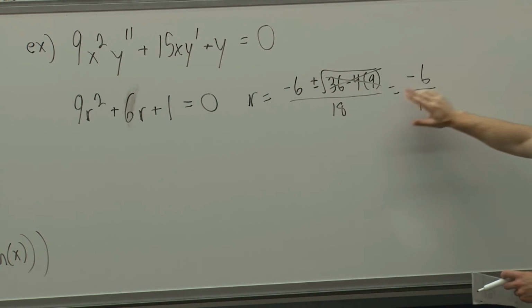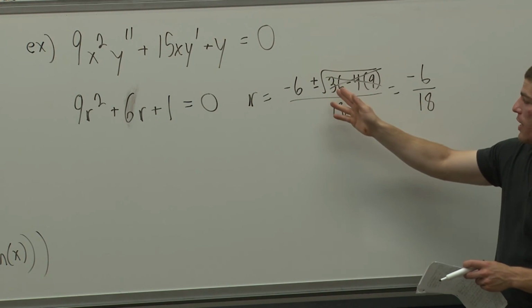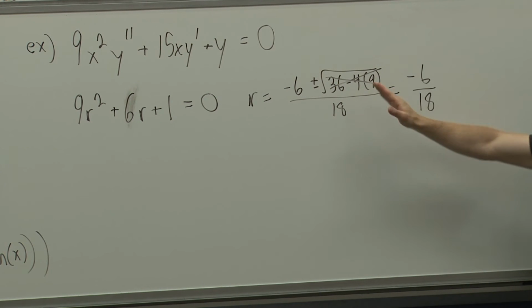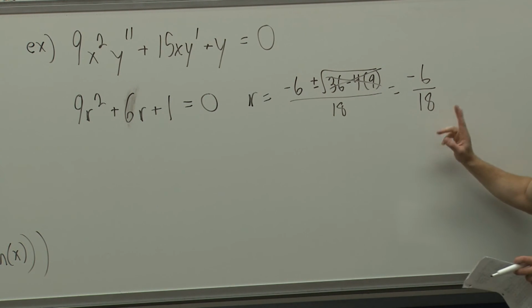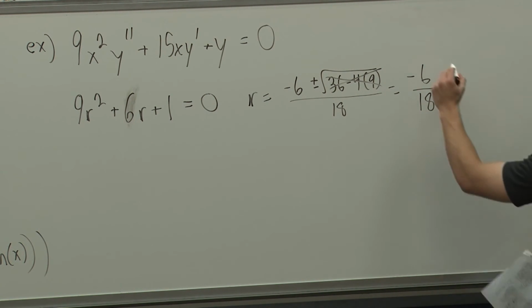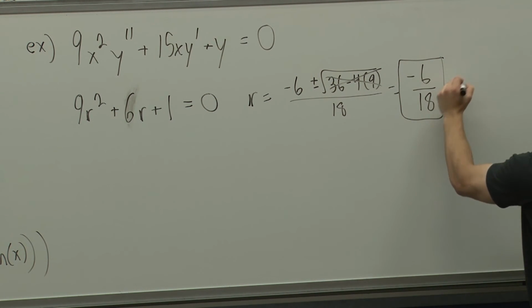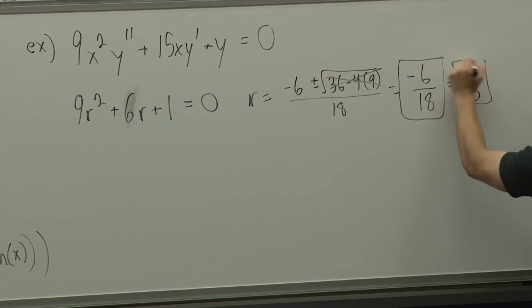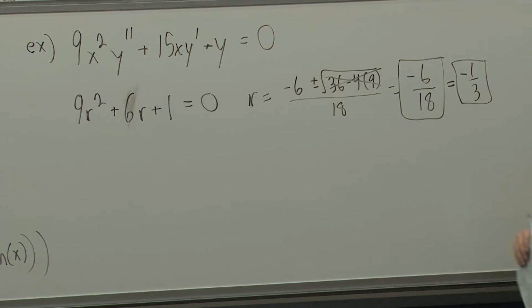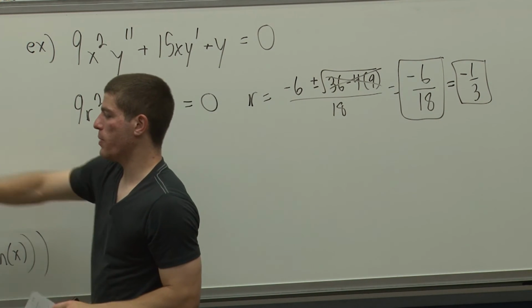So we got an answer. It's one root because the square root cancels out: 36 minus 36 is 0. You only have one answer, which is negative 6 over 18, or negative 1/3. Since we only have one answer, we use case 2, the repeated root.